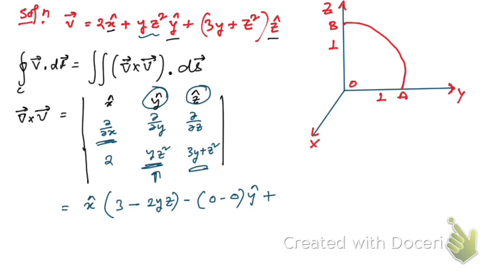There is no x, so it's gonna be 0, minus, differentiate 2 with respect to y, that's also 0. So in the curl of v we have got only this part, the other parts become 0. This is the curl we have got.